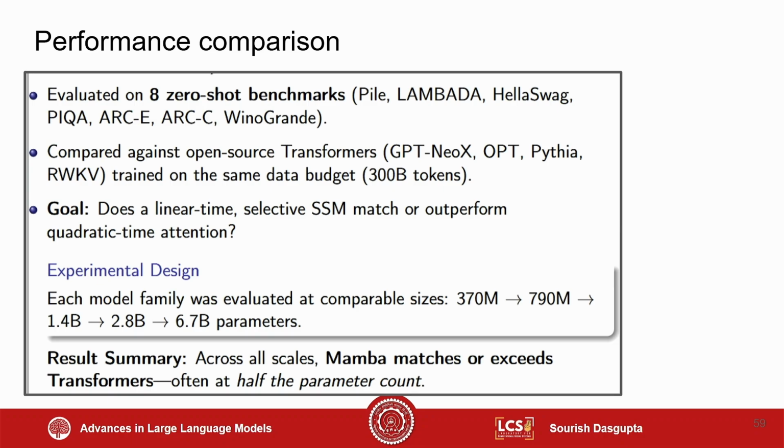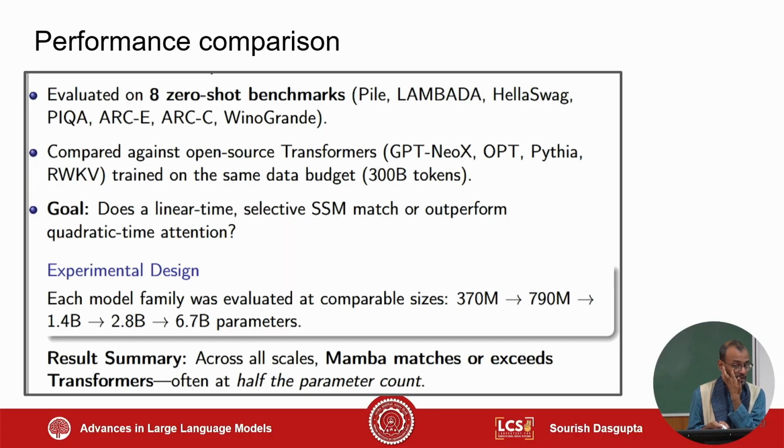So the performance comparison was done on 8 zero-shot benchmarks like PIQA, LAMBADA, HellaSwag, and so on. We talked about those. It was compared against open source transformers like GPT-NeoX, OPT, Pythia, RWKV, etc. The goal was: does the linear time selective SSM match or outperform quadratic time attention?